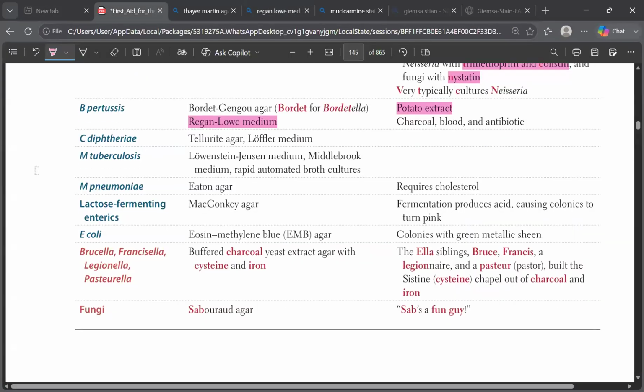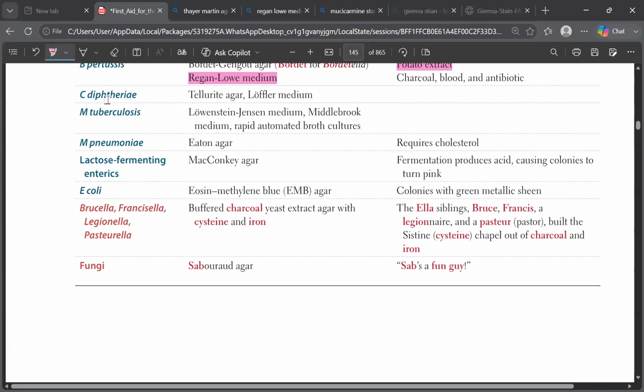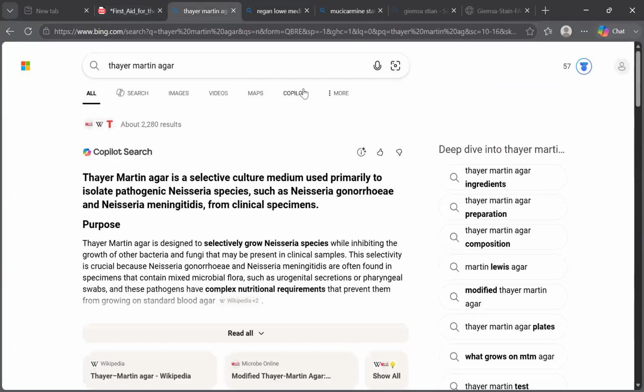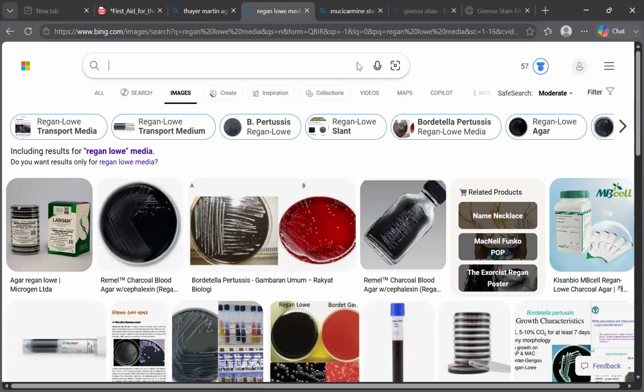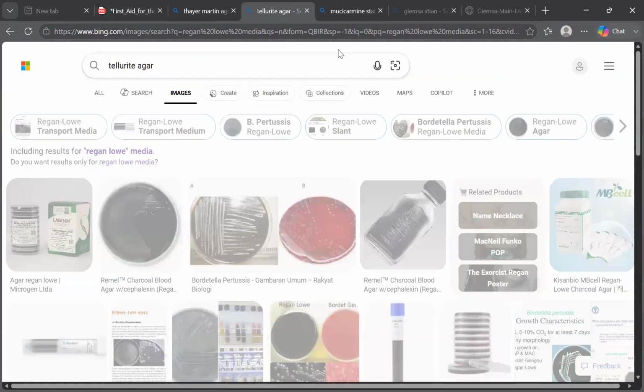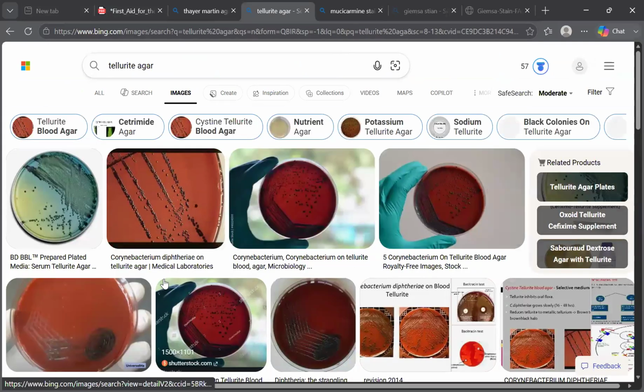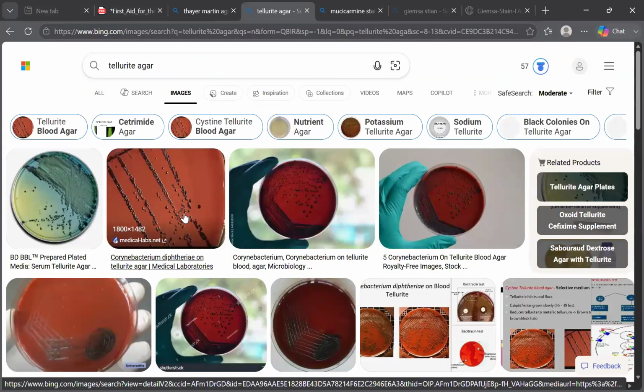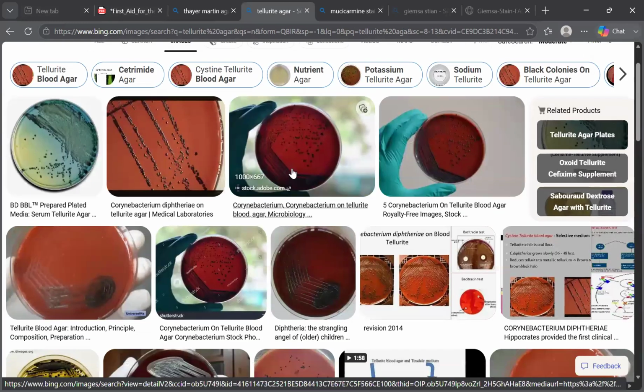Next, we have C. diphtheria, which requires a tellurite agar or a Loeffler medium. Tellurite agar. It looks black on the back side of blood agar.